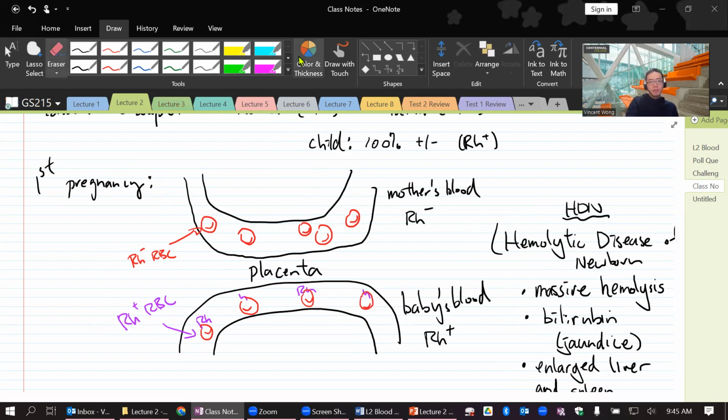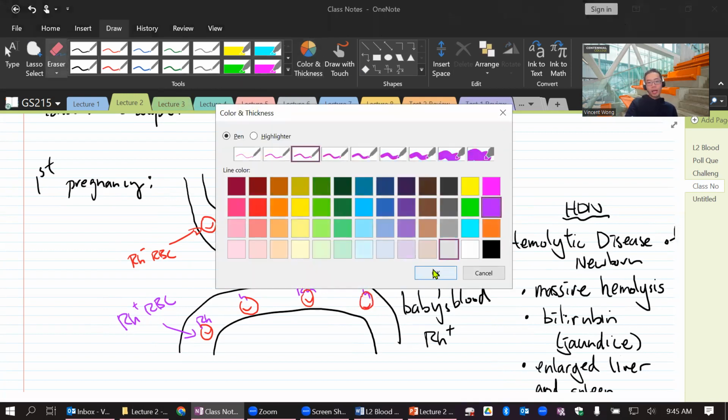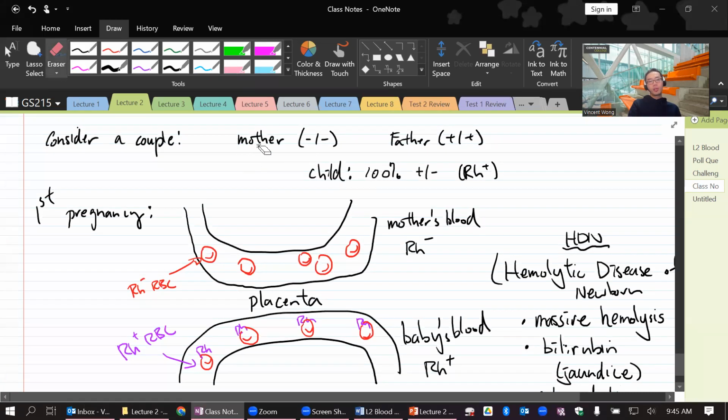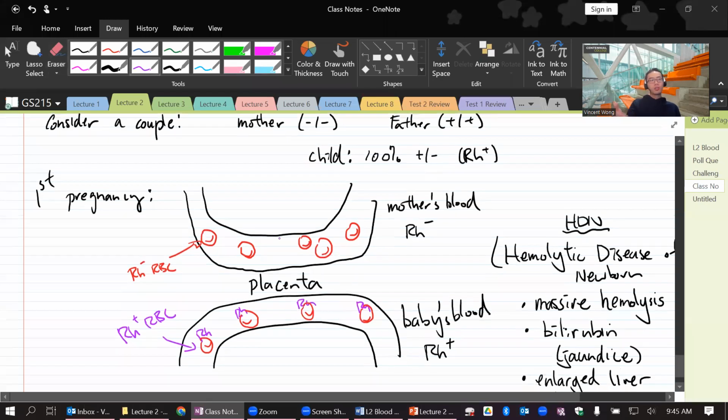Sometimes if it's a planned pregnancy, they would ask you to do some blood work before you conceive, just to see if you potentially will run into this problem. And so, if the mother is negative and the blood test of the father shows that they are positive, then the doctor would recommend getting the RhoGAM shot.